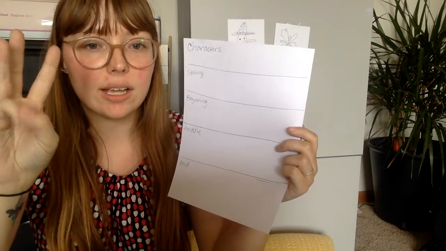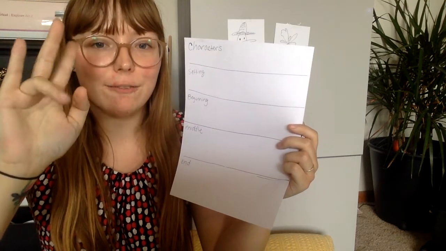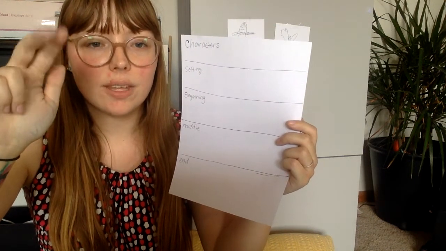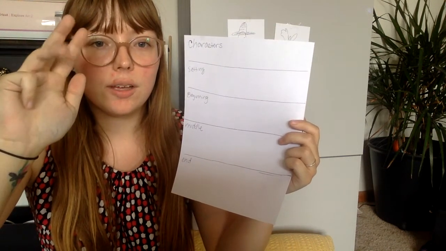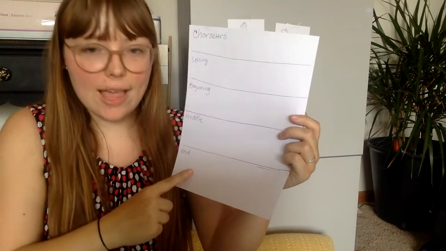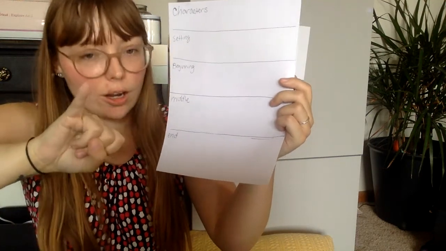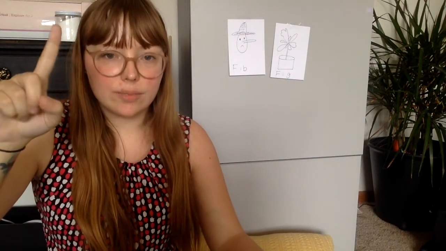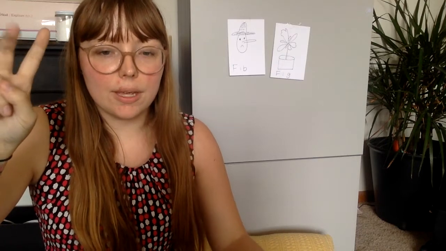It's not your pinky. It's your ring finger. So we have characters, setting, the beginning of the story. We have the middle of the story. And the last lonely little finger is the end. Very good. Let's do that one more time. Characters, setting, beginning, middle, and end.